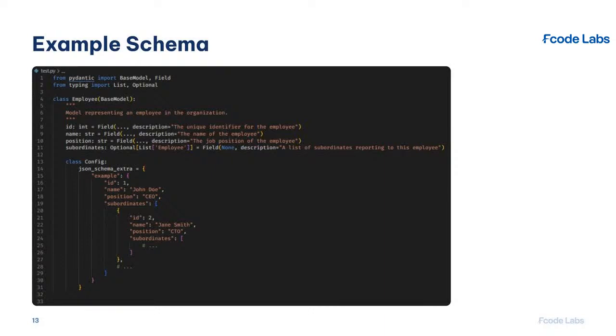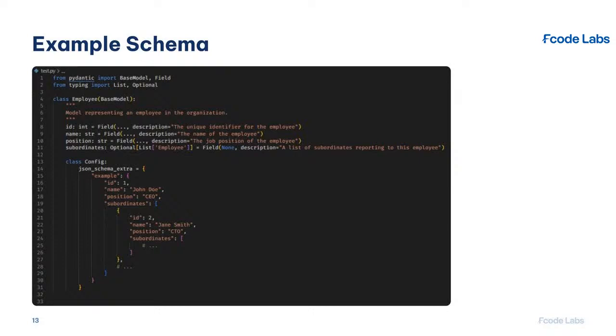Here's an example of a schema. Here I have written a class for employee. For the Employee class I have put documentation for the class, and also I have 4 fields: ID, name, position, and subordinates.